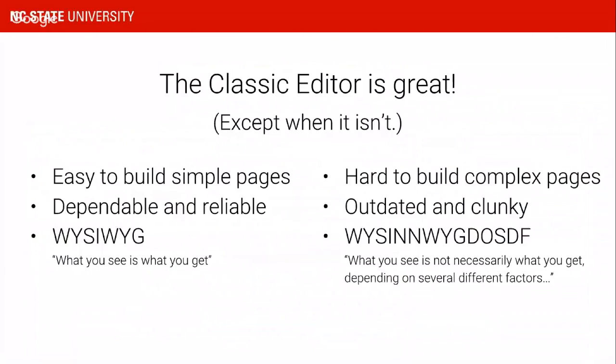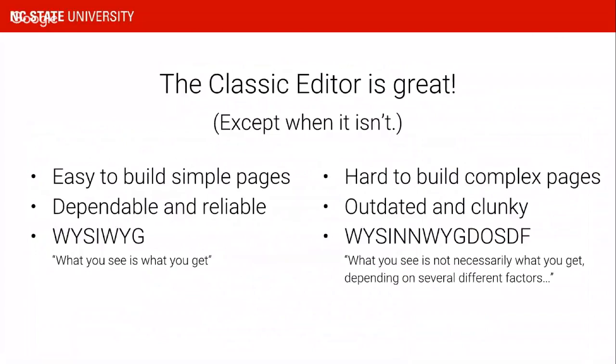It feels kind of outdated and clunky compared to some new web technologies. It feels like it was made 12 years ago. And rather than WYSIWYG, we have this whiz and wig dust of experience. I was very proud of that when I typed that out. So that's standing for what you see is not necessarily what you get, depending on several different factors.